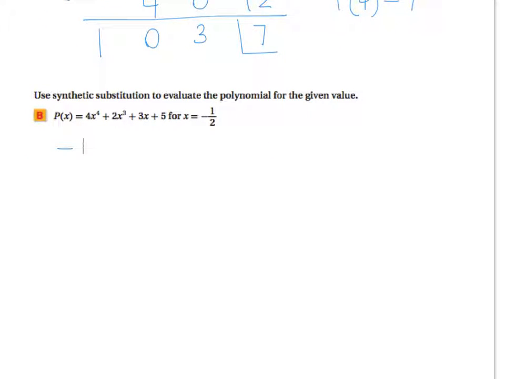The next one we have is negative 1/2. x to the fourth, x to the third, no x squared, 3, 5.